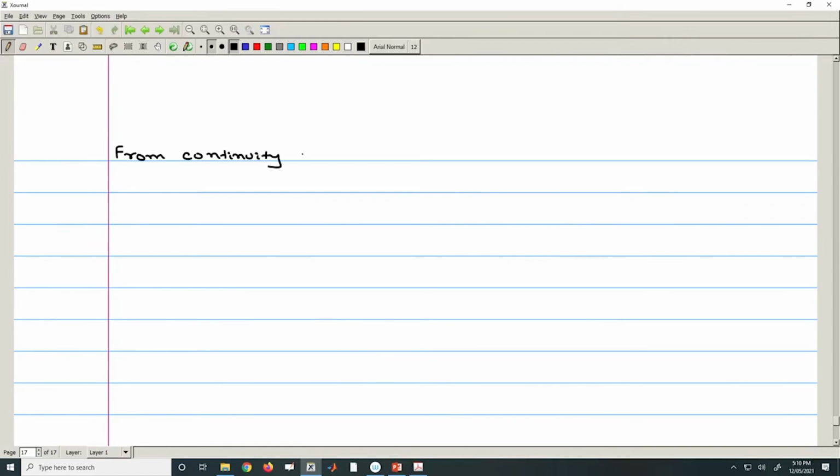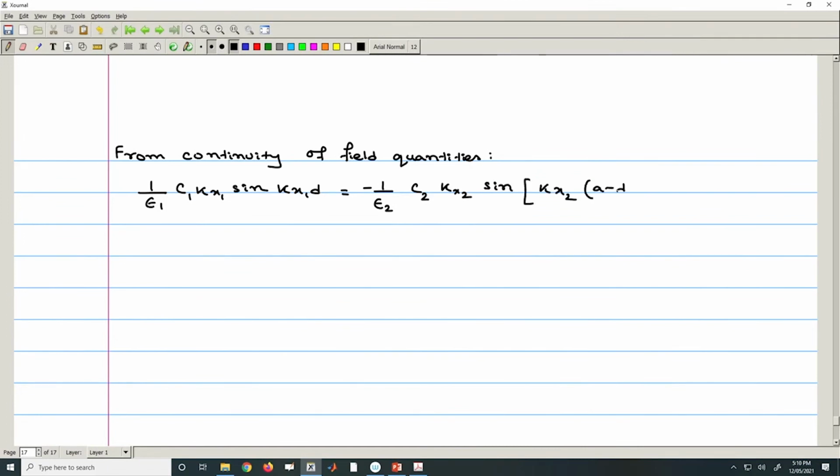we can write, so from continuity of field quantities, we can write 1 upon epsilon 1 C 1 k x 1 sin k x 1 d is equal to minus of 1 upon epsilon 2 C 2 k x 2 sin of k x 2 a minus d.